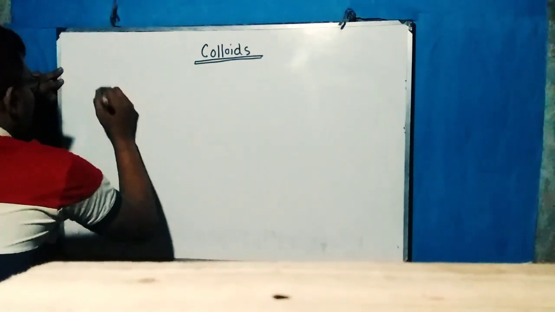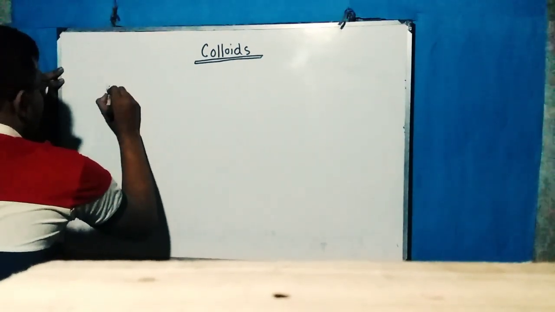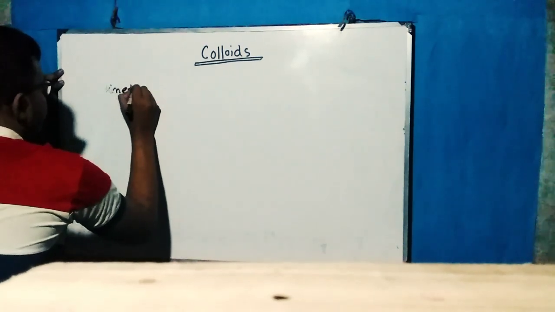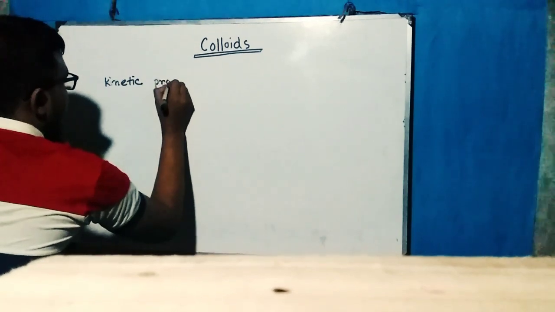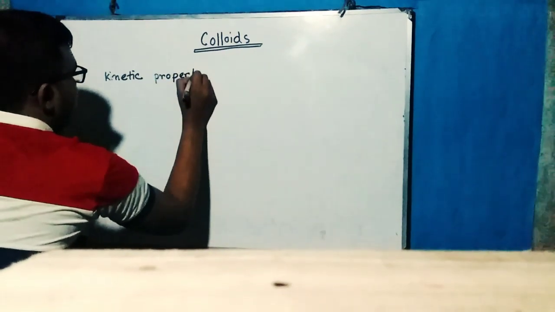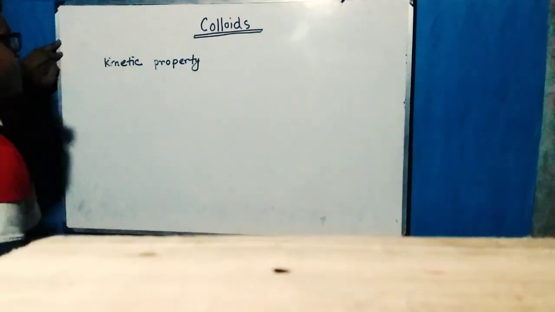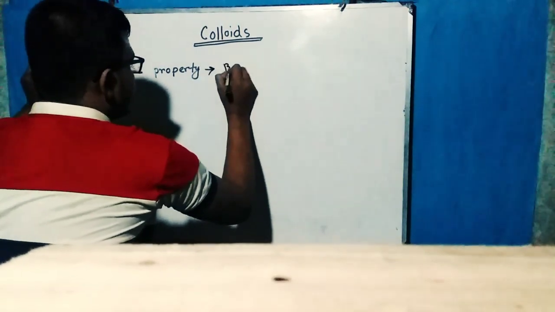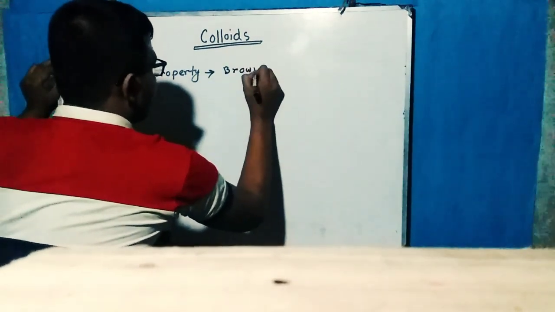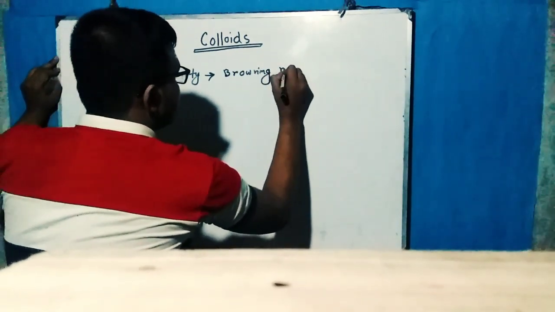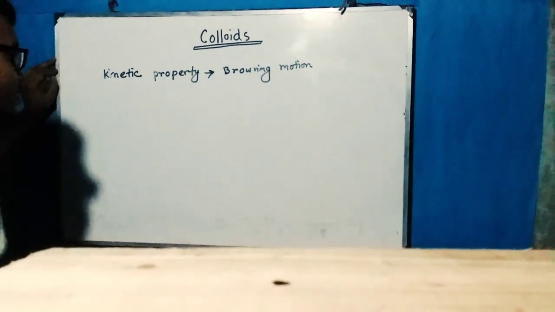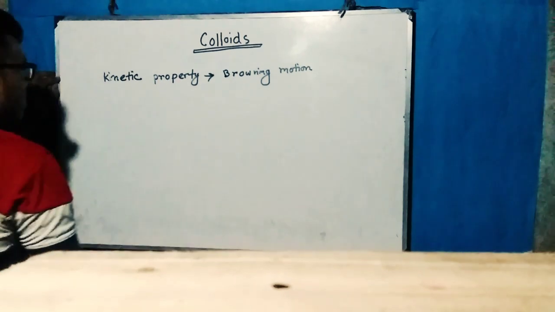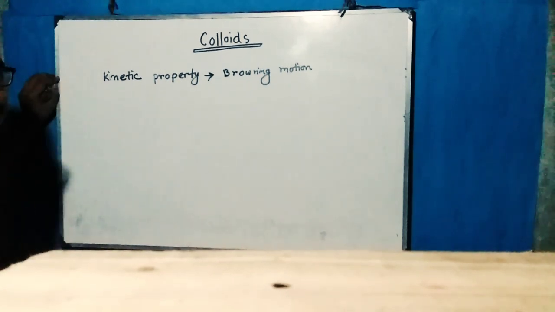And the second one, we know, is kinetic property. We will learn the Brownian motion in the kinetic property. What is the Brownian motion? We have to learn.